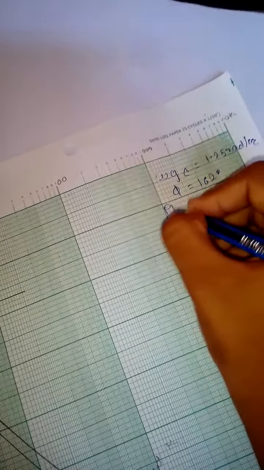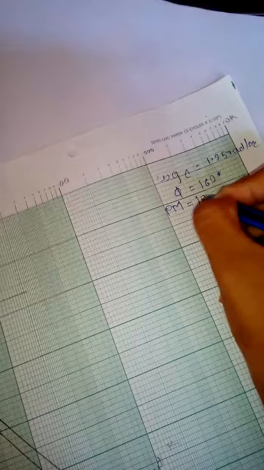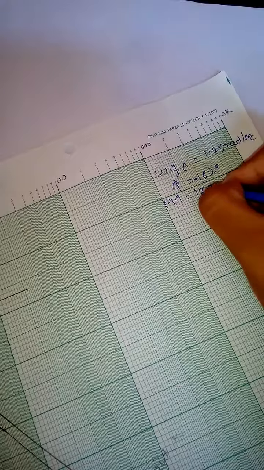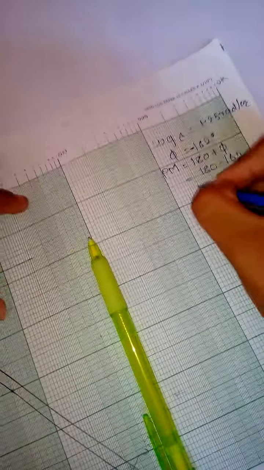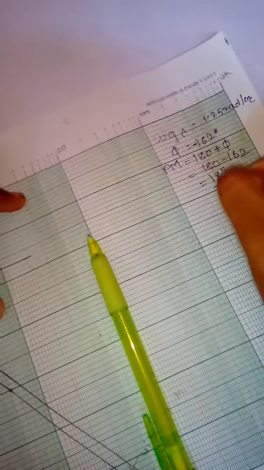So what is your phase margin? Phase margin equals 180 plus phi, so 180 minus 162. So it comes to be 18 degrees. This is your phase margin.